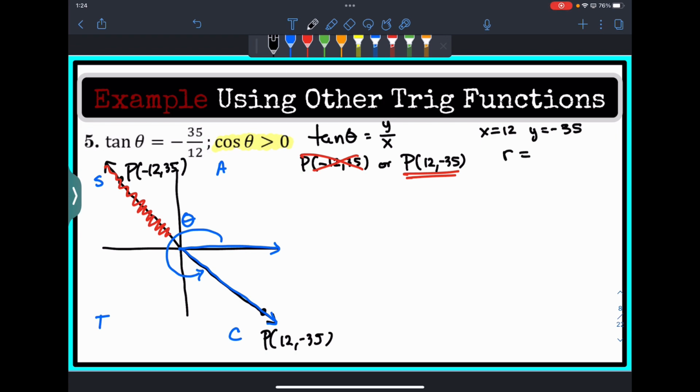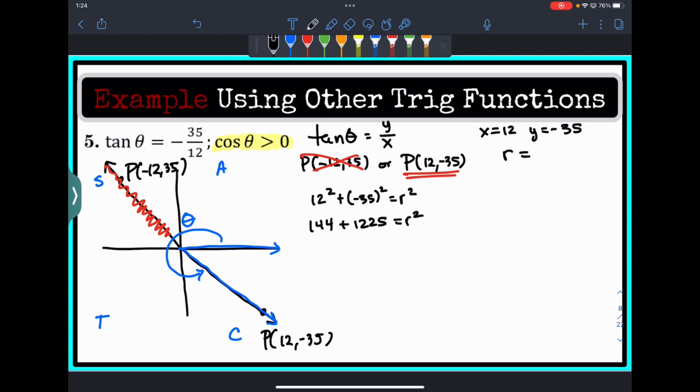So using our Pythagorean theorem, 12 squared plus negative 35 squared equals r squared, we get 144 plus 1225 equals r squared.